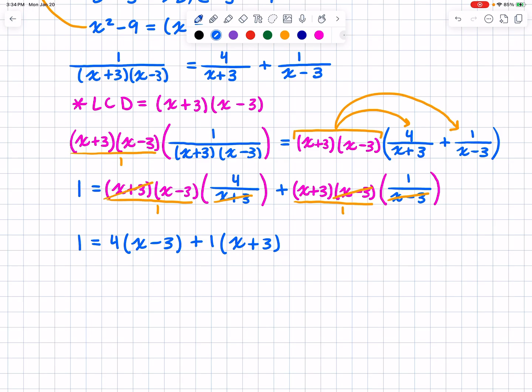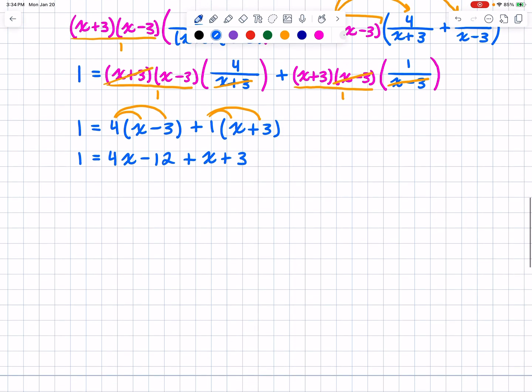So I'm going to distribute 4 to x and 4 to negative 3. So I'm going to get 1 equals 4x minus 4 times 3 is 12, plus, and now I'm going to distribute this 1, but that's just going to leave us with x plus 3, since multiplying anything by 1 is itself. And now this turns into a linear problem that we're used to solving.